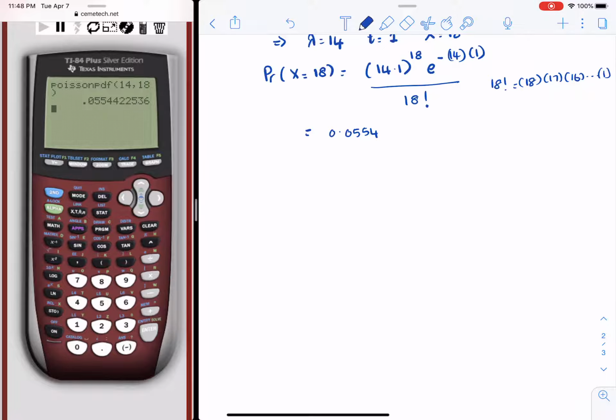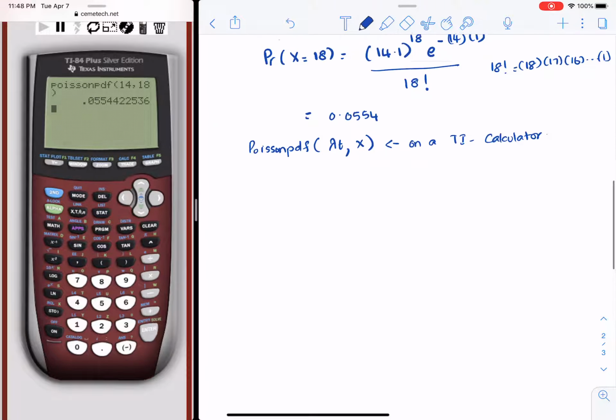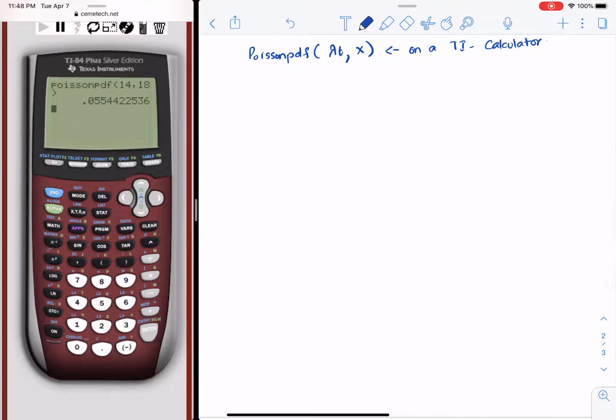So if we have to use the calculator, Poisson PDF, the first value would be lambda t, and the second value would be x. So there is about a 5% chance.